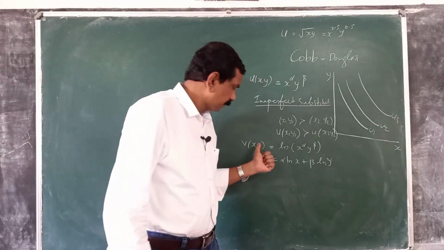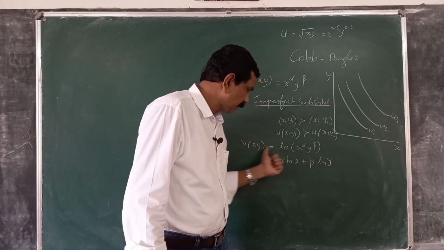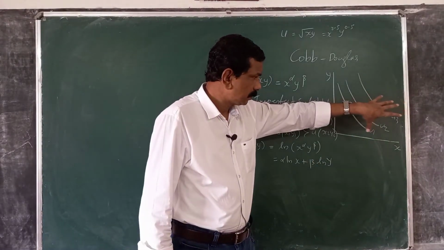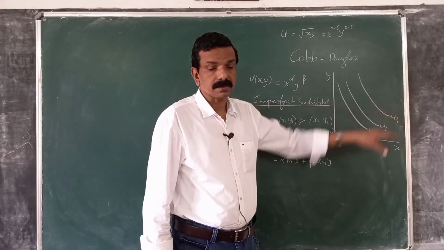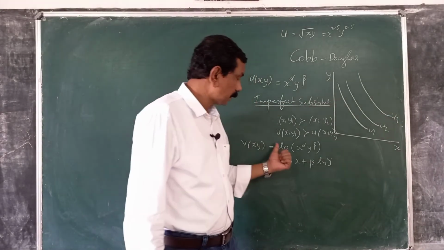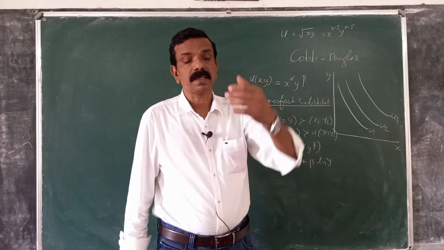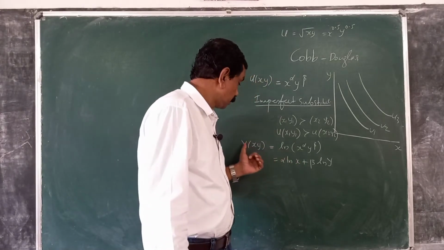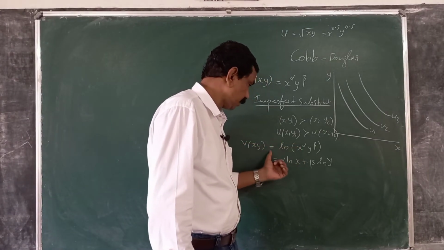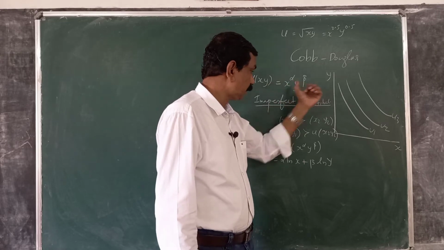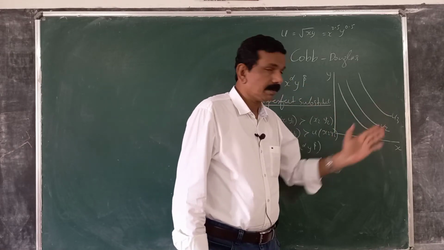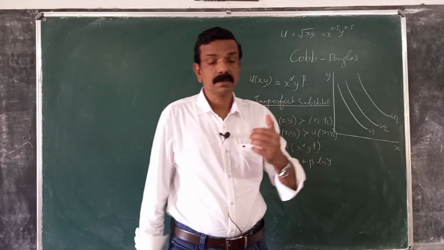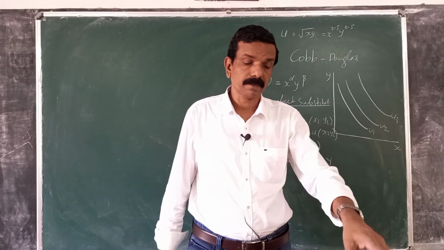Now, if you draw the indifference curve for this utility function, it also looks just like these indifference curves, because logarithm is a monotonic transformation. So if the utility function is v(x,y), the log of the original utility function, the indifference curve will have the same shape.